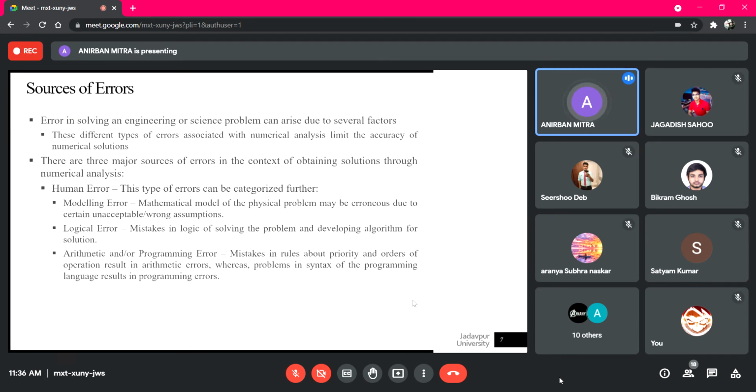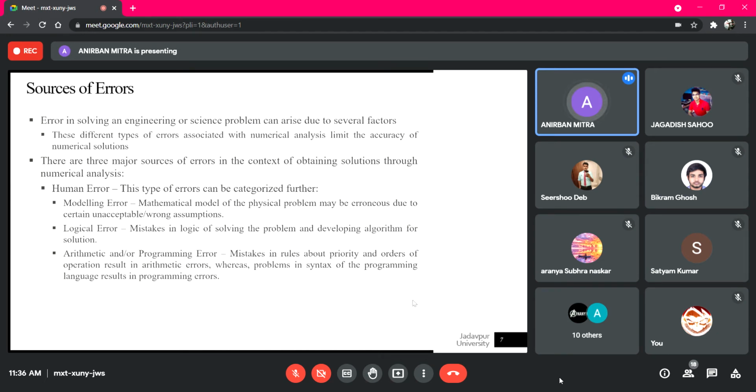And there you have seen that if you have gone wrong with the syntax of the language, you obviously get errors. And in some of those cases, you obviously do not get a solution as well. You get error messages. So mistakes in rules about priority and orders of operation result in arithmetic errors. And problems in the syntax of the programming language result in programming errors.